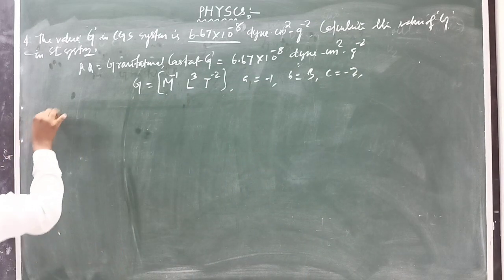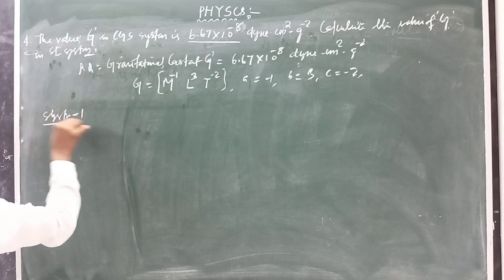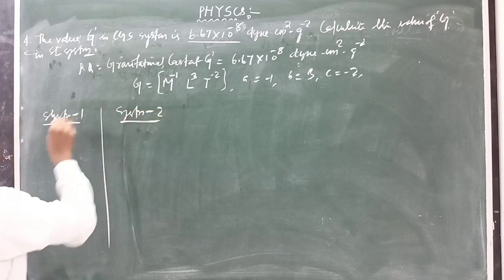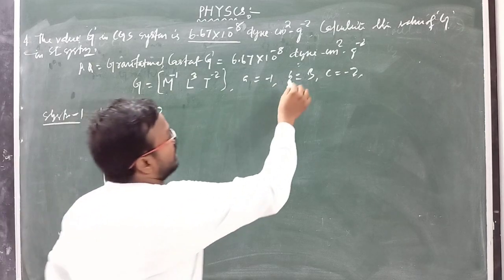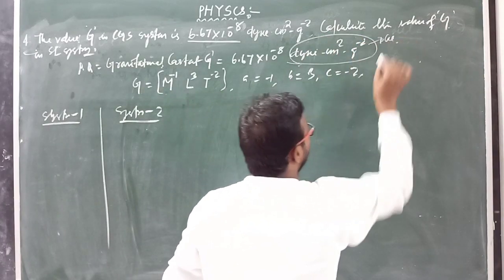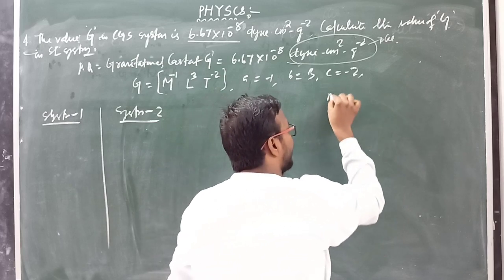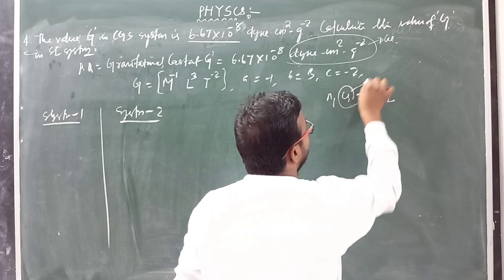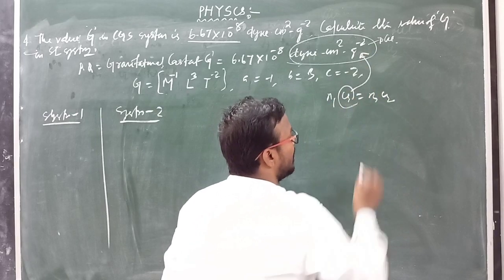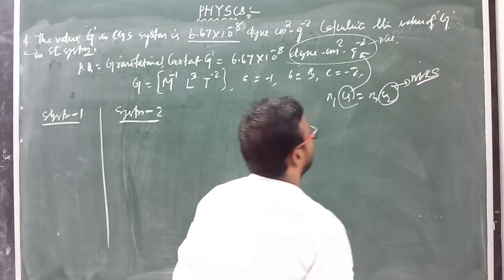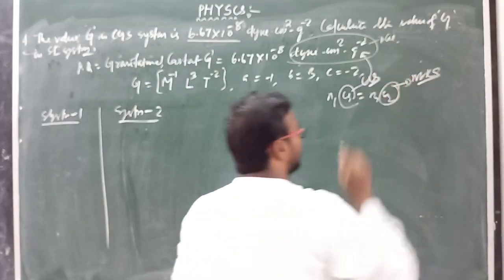Now we have to write system 1 and system 2. In system 1, dyne, centimeter square, gram, this is the CGS system. CGS means N1 U1 equal to N2 U2. This is the first system, but we have to find the MKS system, and the given one is the CGS system.